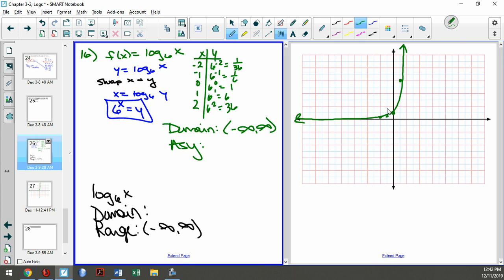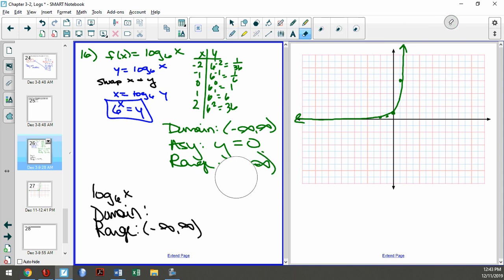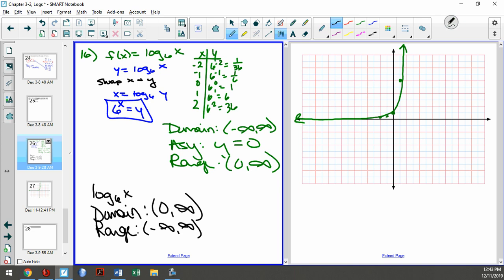It's never going to cross 0, so I have y equals 0, which means my range is going to be from 0 to infinity. Correct? Which means my domain is going to be from 0 to infinity for my logarithm, because they swap, don't they?